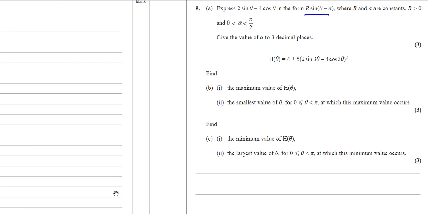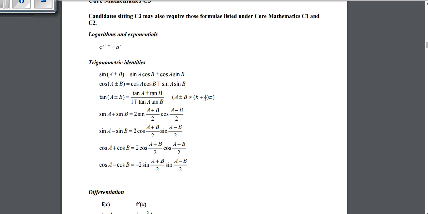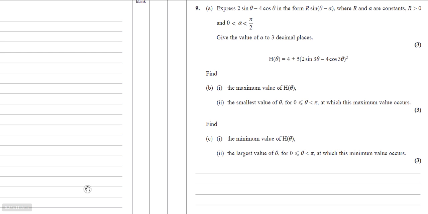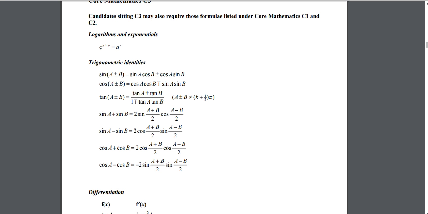So this one here, r sine of theta minus alpha. If we have a look at the formula booklet, if we're doing sine of theta minus alpha, then we've got the minus one on the bottom here.